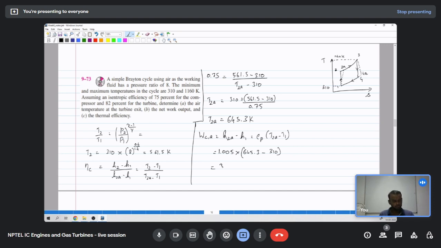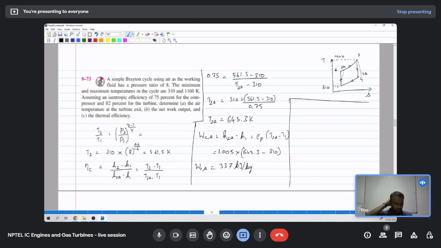This is 337 kilojoule per kg. Now we have calculated the actual compressor work input.